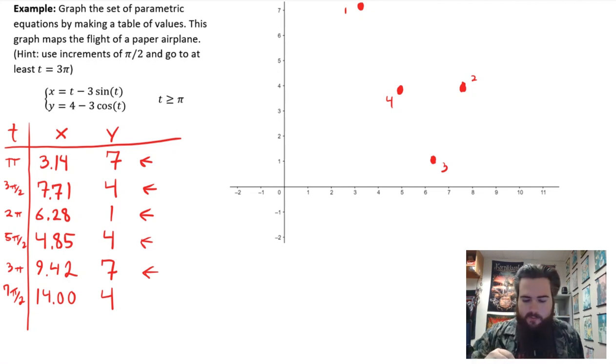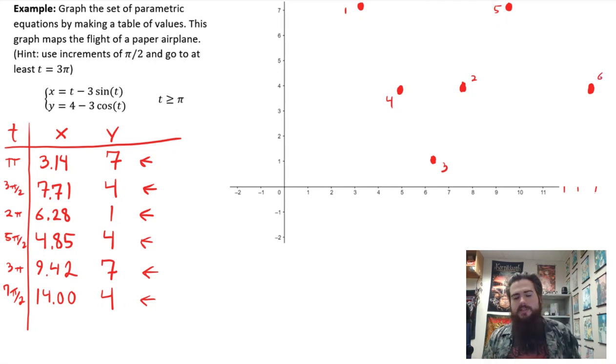So 9.42 and 7 would put us about here for our fifth point. And lastly, the last one I did was 14 and 4. Well, 14 is a bit off of our track here, so 12, 13, 14 would be maybe over here, and 4. So that'll put us here for our sixth point.